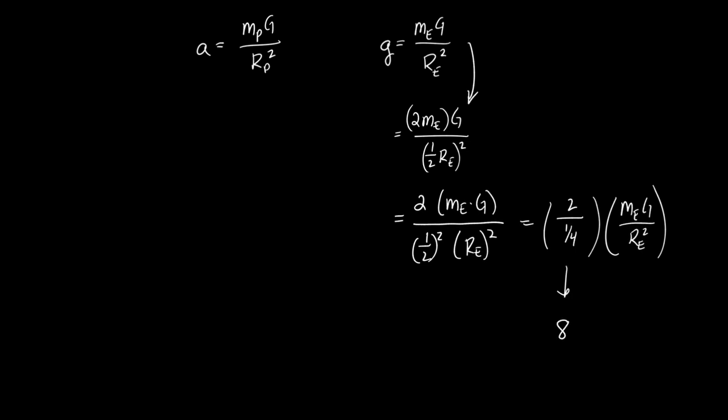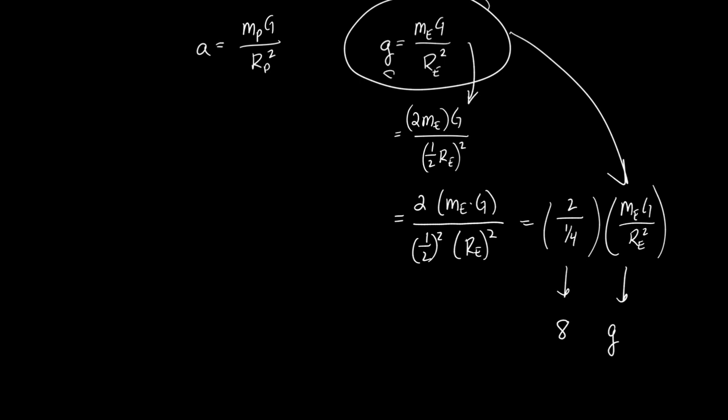This is 8, this is G, right? Because that's what we started with. By pulling the constants out, we get back the original value. And by pulling the numbers out, we get a scalar.